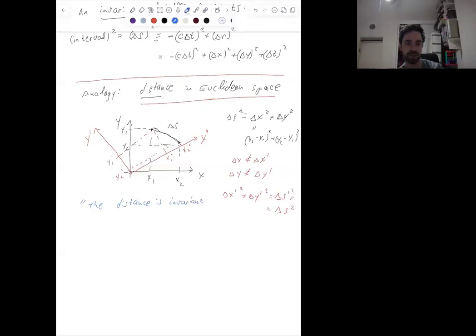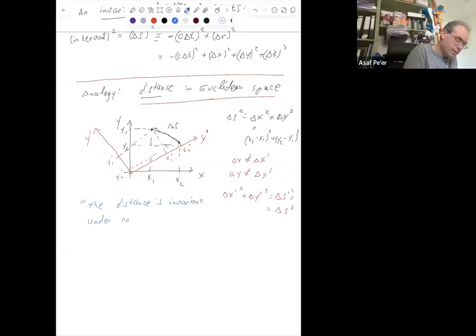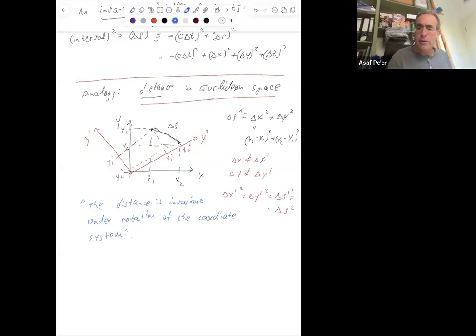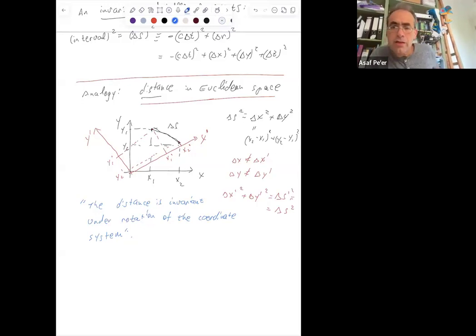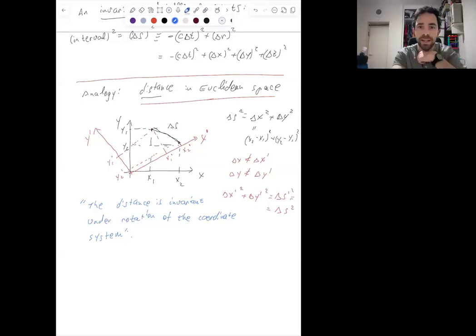There's a question in the chat. I don't see the chat, so please read it to me, because I can't see the chat and share my screen at the same time. Why is there a minus sign on the ct in the interval?